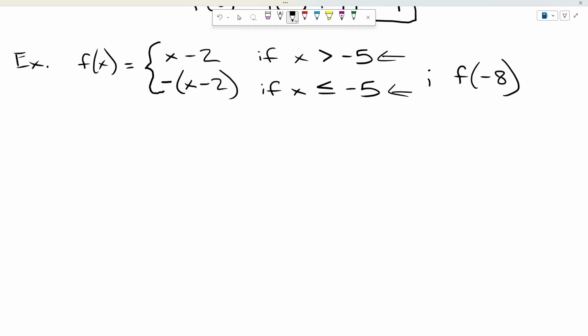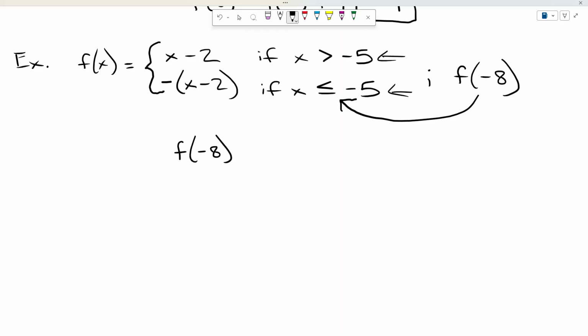So that's going to be going the wrong way for us. The bottom one says x less than or equal to negative 5. So that is going to be the one we'll have to end up using. The only one that works. So we forget about the top equation. We are only concerned with the bottom one.